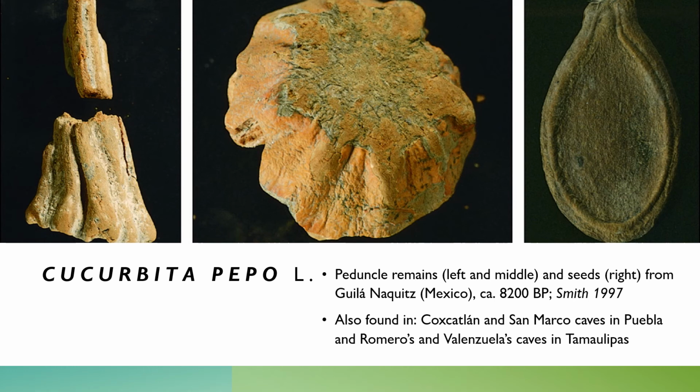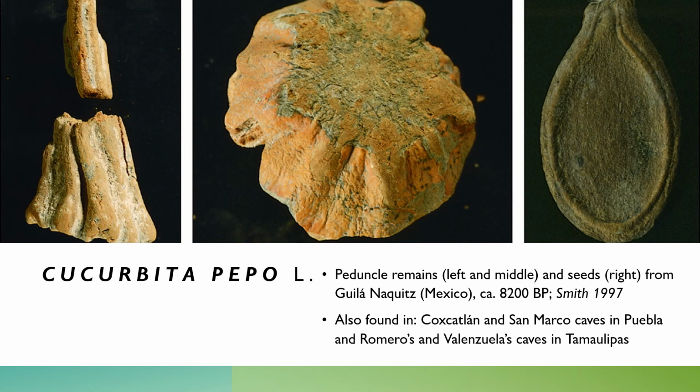Squash seeds, peduncles, and fruit rind fragments from archaic stratigraphic zones of Guilá Naquitz in Oaxaca are assigned to Cucurbita pepo on the basis of diagnostic morphological characters and identified as representing a domesticated plant on the basis of increased seed length and peduncle diameter, as well as changes in fruit shape and color in comparison to wild Cucurbita gourds.